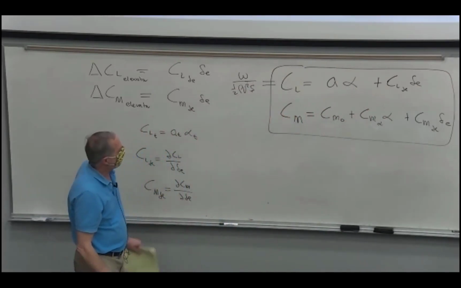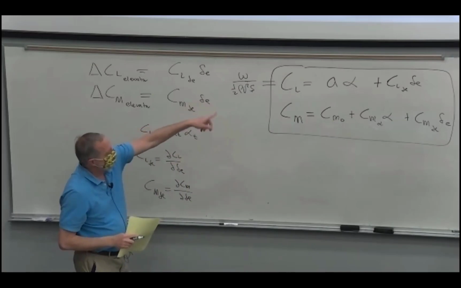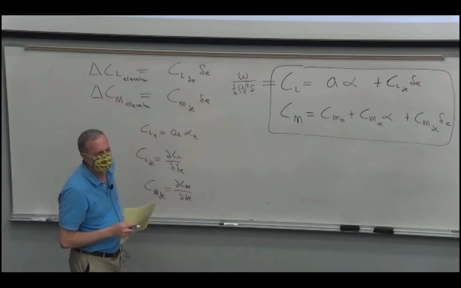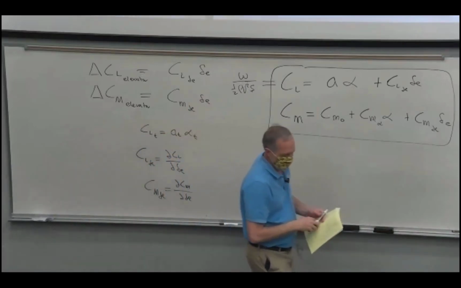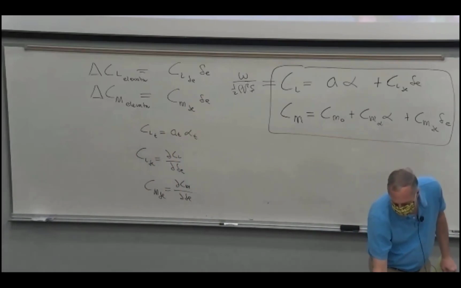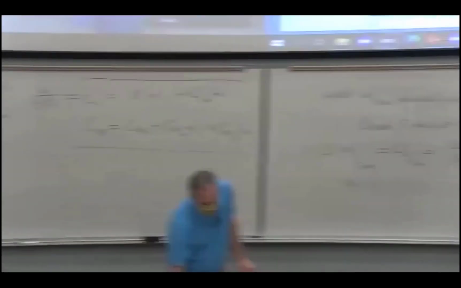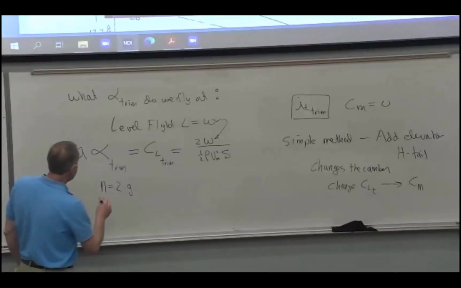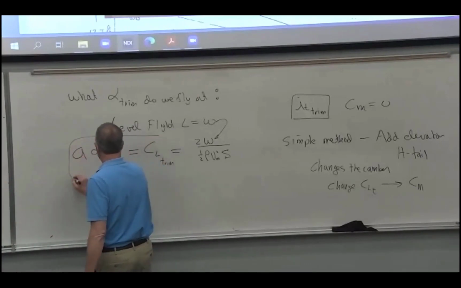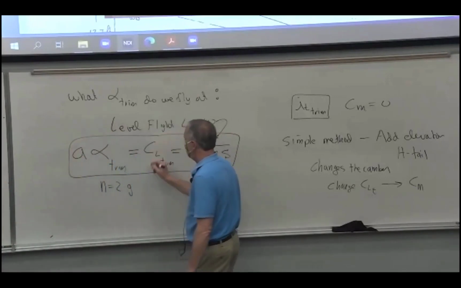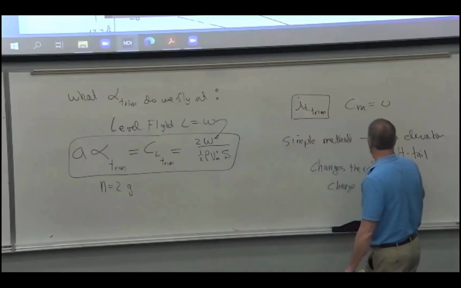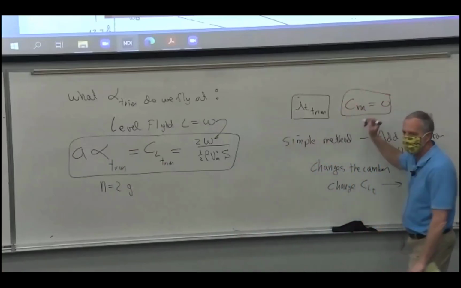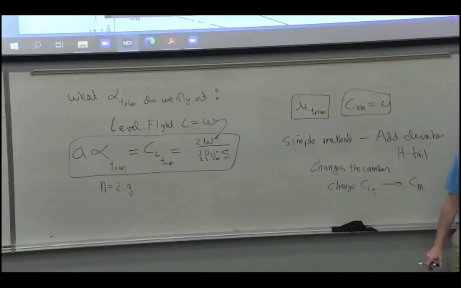And notice now, these two equations have to be solved simultaneously because it's two equations and two unknowns. Whereas what we did before, there was no elevator in our lift equation. Over here, when we were trimming the airplane where we were using IT, we can immediately solve for alpha here and then go to the pitch equation and solve for IT separately because we already know alpha.